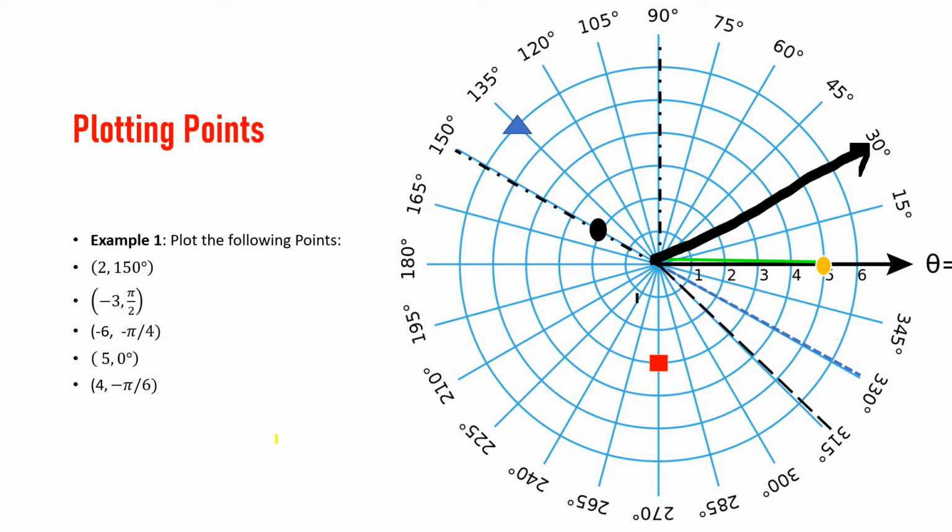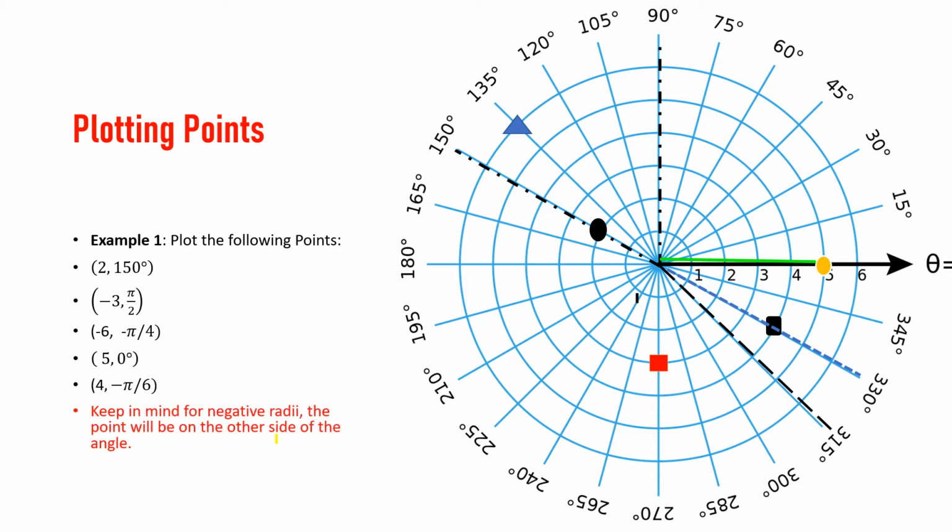It is going to be on 330 degrees. For 4, the radius is positive, so my point is going to be with my angle and not on the other end. So keep in mind, when we have a negative radius, the point is going to be on the other side of the angle.